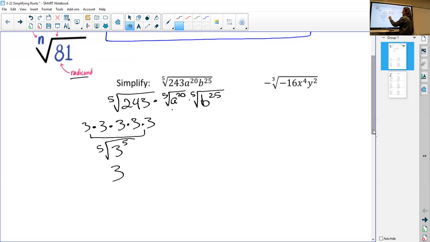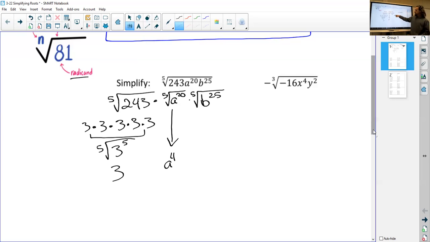So I can simplify this to just 4, no, not 4a, but a to the 4th power. So for every 5 a's, I can pull 1 outside of my radical. And since I have 20, that's 4 groups of 5, so I can pull out 4, or a to the 4th power.